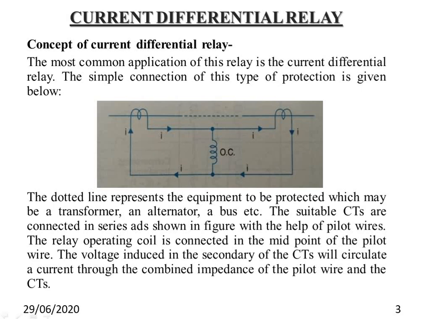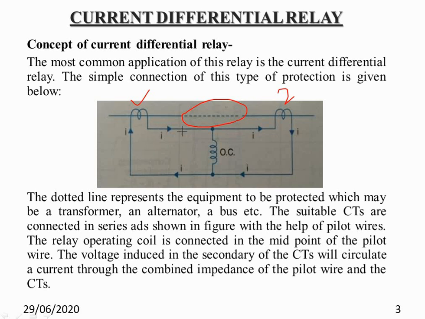Now, you can see this diagram. This is a basic diagram of the current differential relay. Here is a dotted line. This dotted line represents the protection zone. With this line there are two CTs connected. Suppose this one is CT1 and this one is CT2, and these two CTs, the primary as well as the secondary, are connected through the pilot wire.